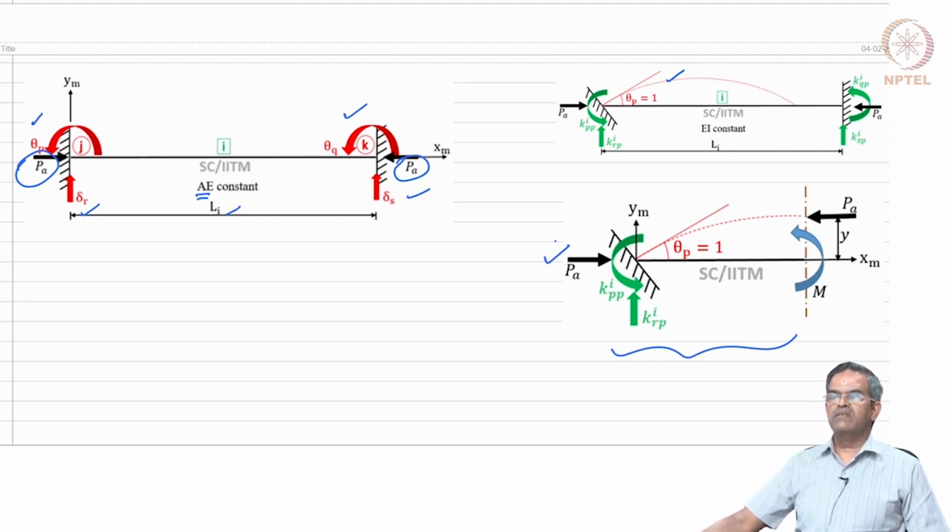We derived the rotation functions using the second order ordinary differential equation from the flexure, and we found the rotation coefficients from the solution.